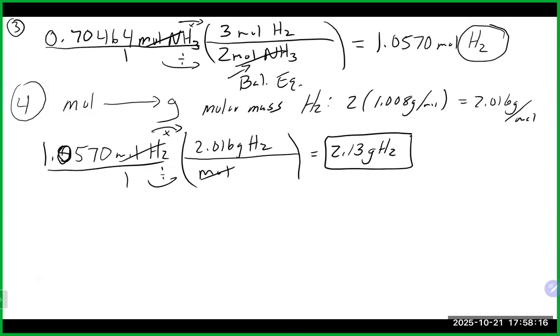Now, clearly here I did it broken up step by step. I got an answer after each step, which is perfectly fine to do. I would again remind you, you never really want to round a lot until the very end. So you want to keep some extra digits so you don't have any rounding errors.